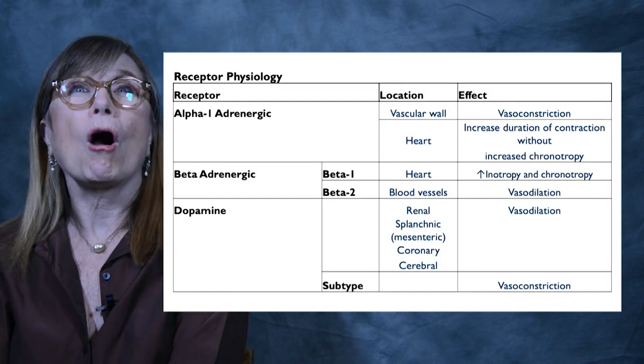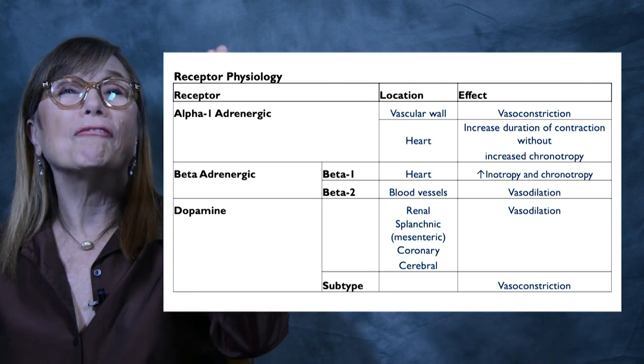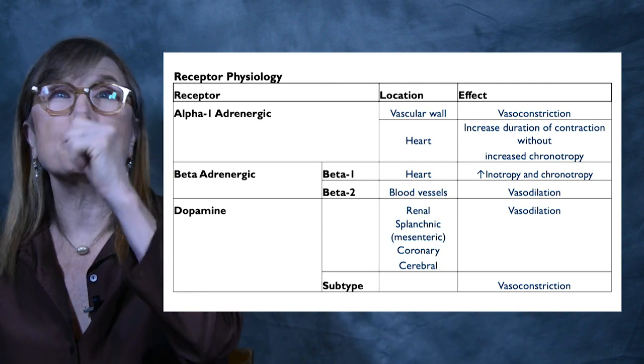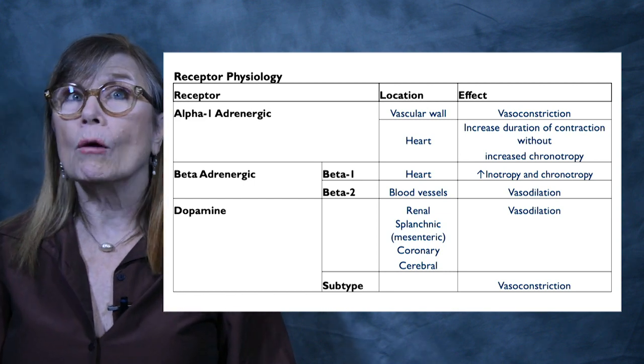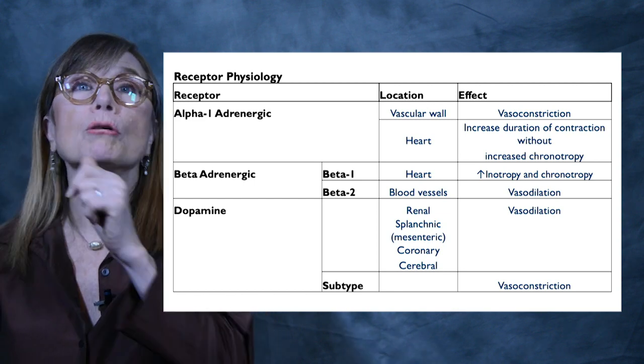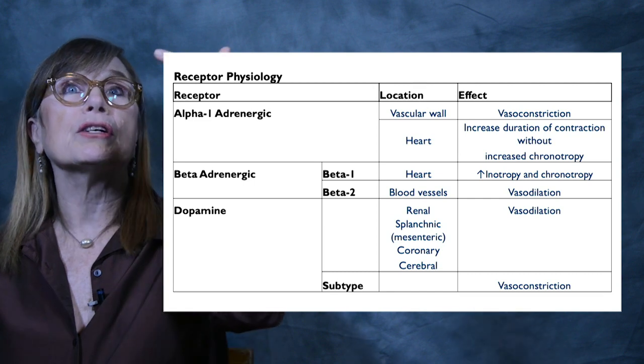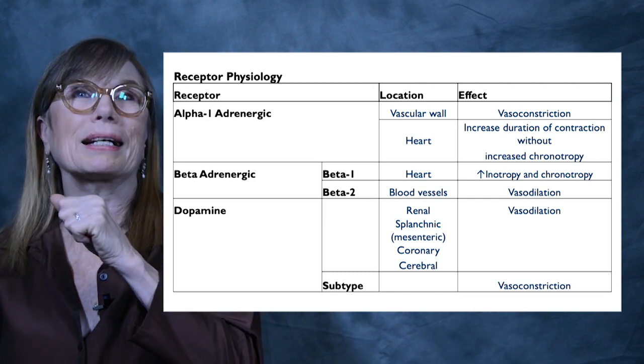So let's remember our receptor physiology. Alpha-1 adrenergic, most particularly in the arteries, promoting vasoconstriction. Beta-1 adrenergic, most particularly in the heart, increasing the heart rate and increasing contractility.